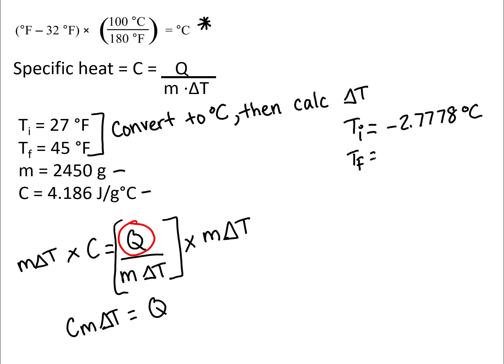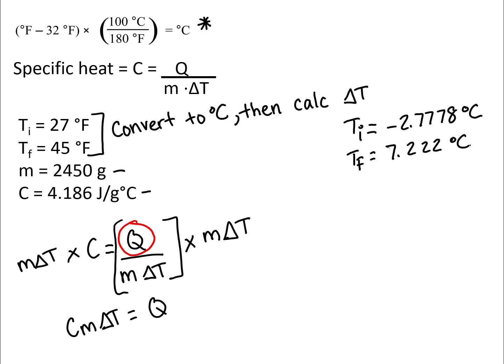I know that looks like a weird number, but yes, that's a temperature. You're going to do similar things for converting the final temperature, only this time 45 minus 32 is a positive number. Multiply by 100, divide by 180.